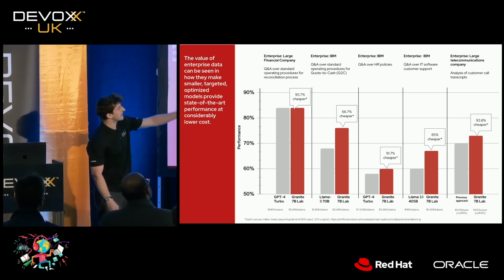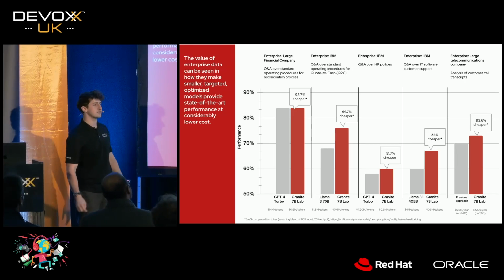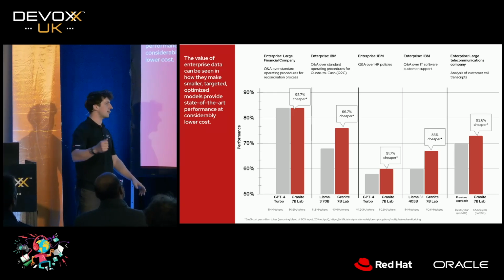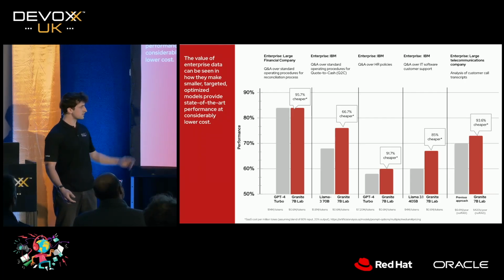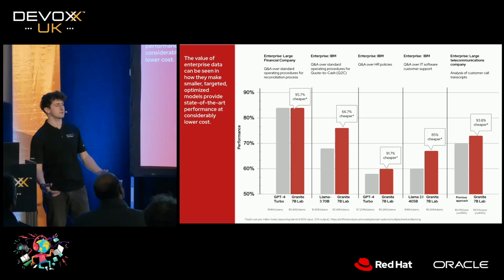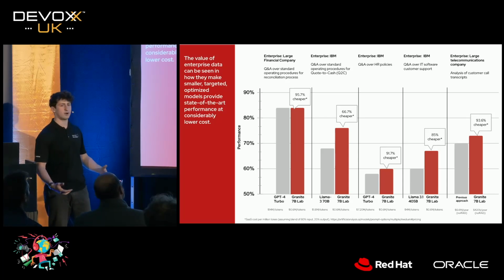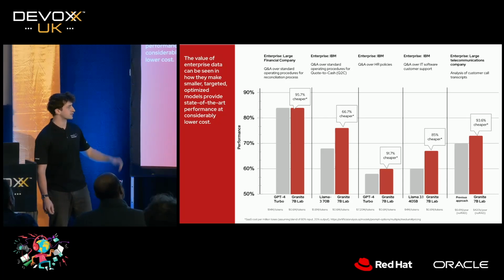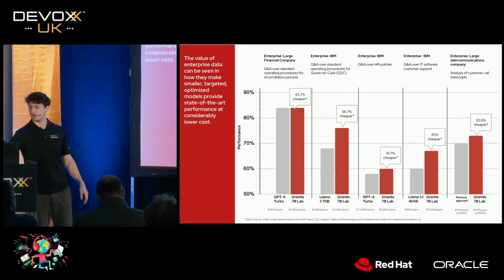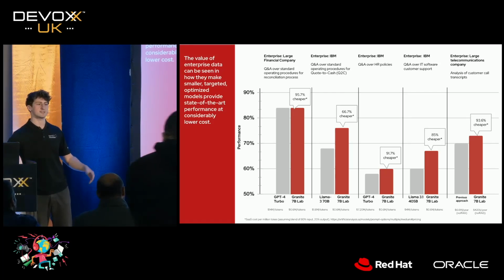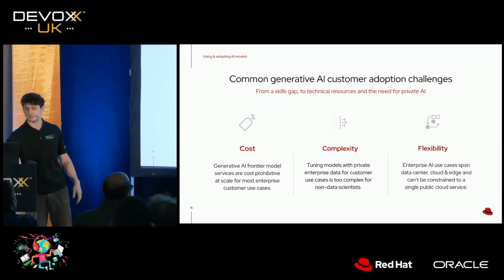Or analysis of customer call transcripts, just processing maybe thousands of transcripts of calls for sentiment. If you're doing your own model, using your own hardware, you can save on inference cost up to 94%. So there's a lot of advantages, not only in accuracy, but in price when we want to deploy these models and scale things up.